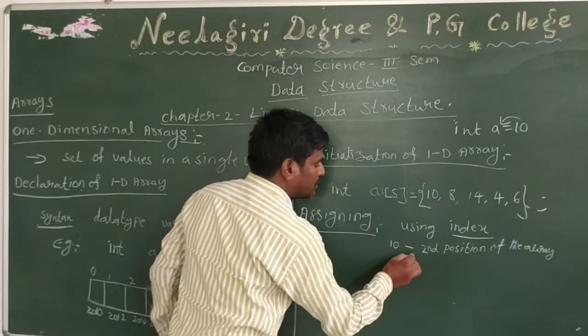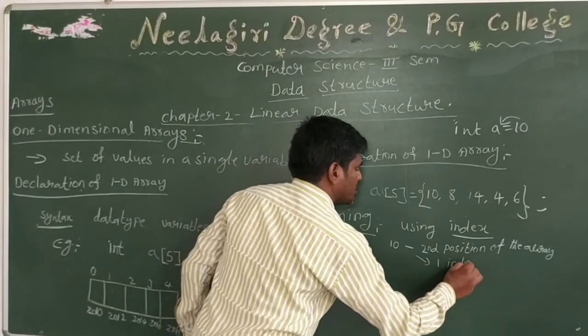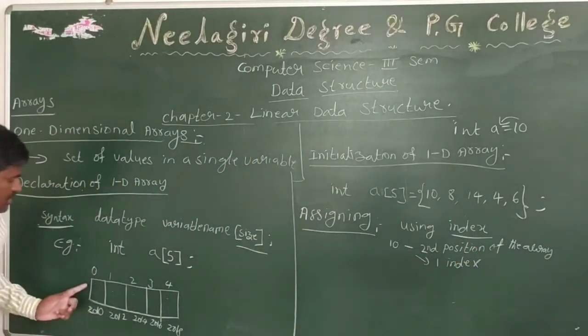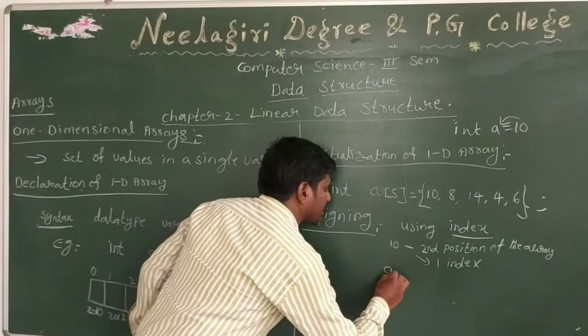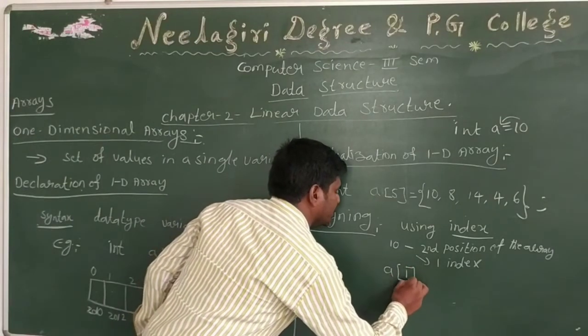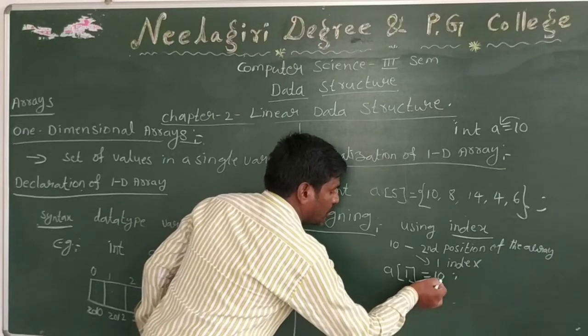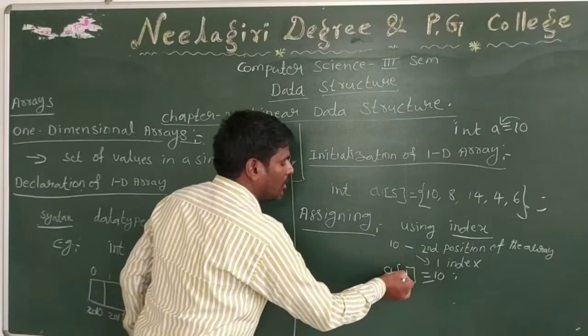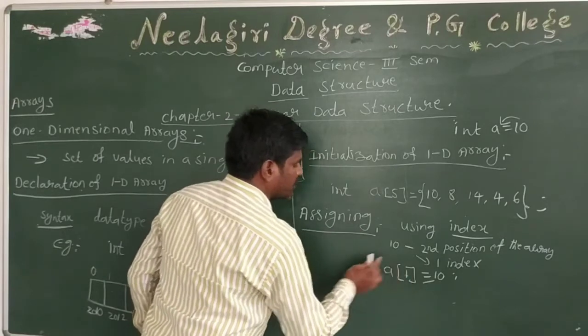The second position of the array is index 1. What is the index? 1. So we can assign like this: A of 1 is equal to 10. This is the assignment operator. The value 10 is assigned to the array variable A of 1. So this is the way of assigning the value.